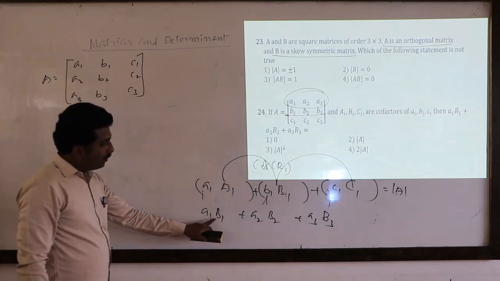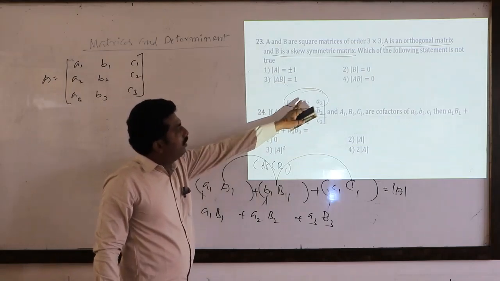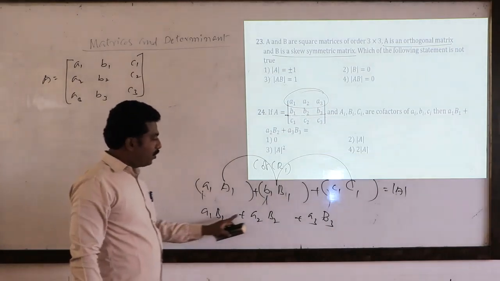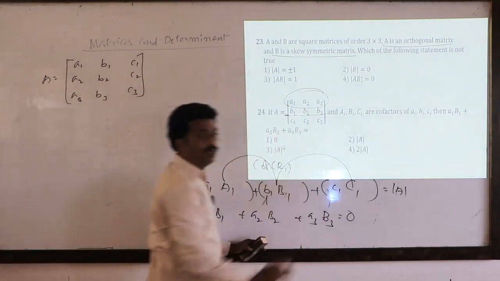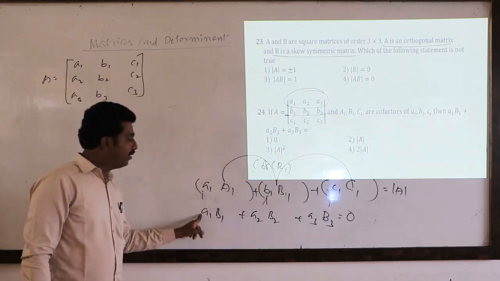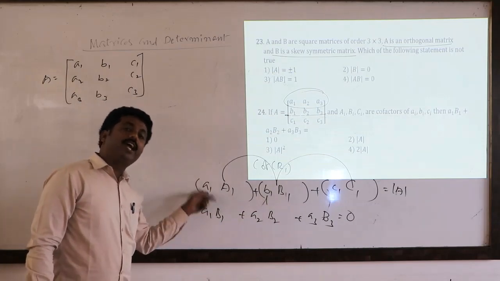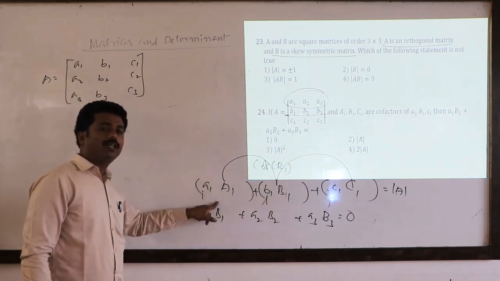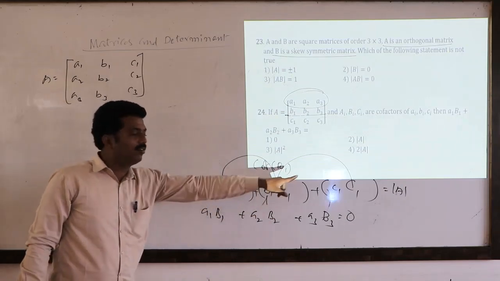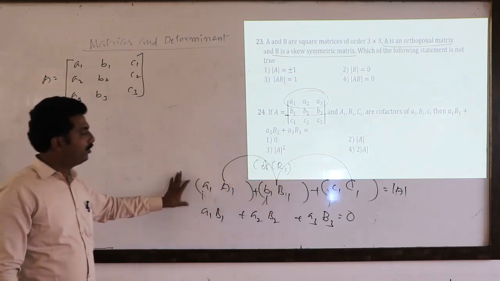So one row's elements with another row's cofactors always sum to 0. Same row, same cofactors gives the determinant of A. Same row, other cofactors gives 0. You have to remember this point.